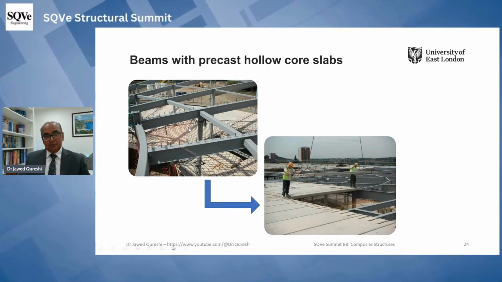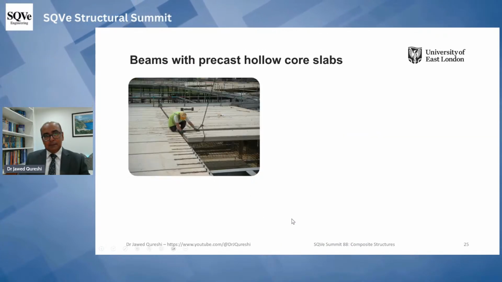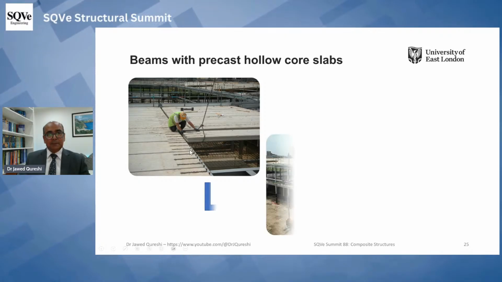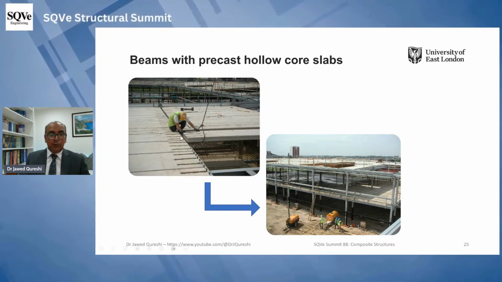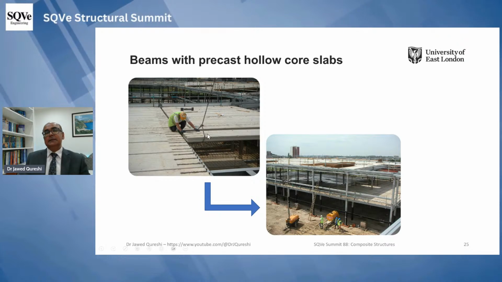In this case, the direction will be here. And once they are placed, we pass reinforcing bar in between these gaps, and then we pour in situ concrete on top of that. In that way, it ensures composite action.